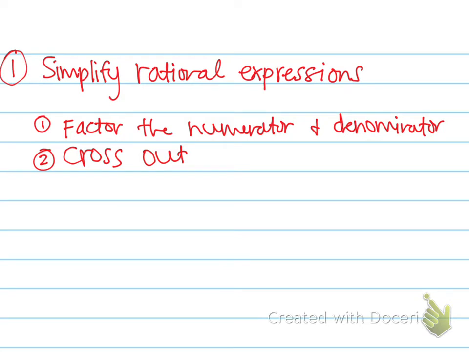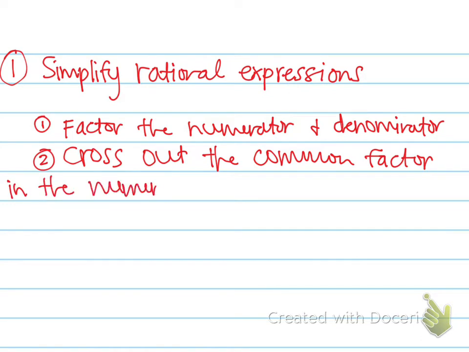So, just a little hint, every example that we're going to do, the last step you do every single time is to cross out the common factor in the numerator and the denominator.